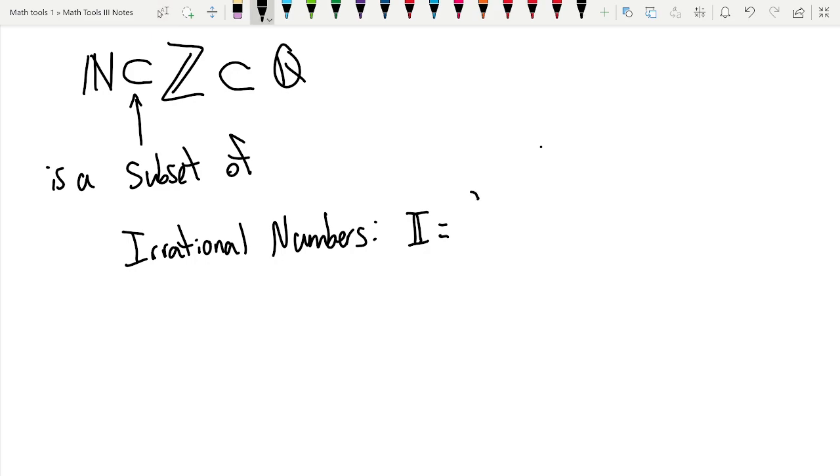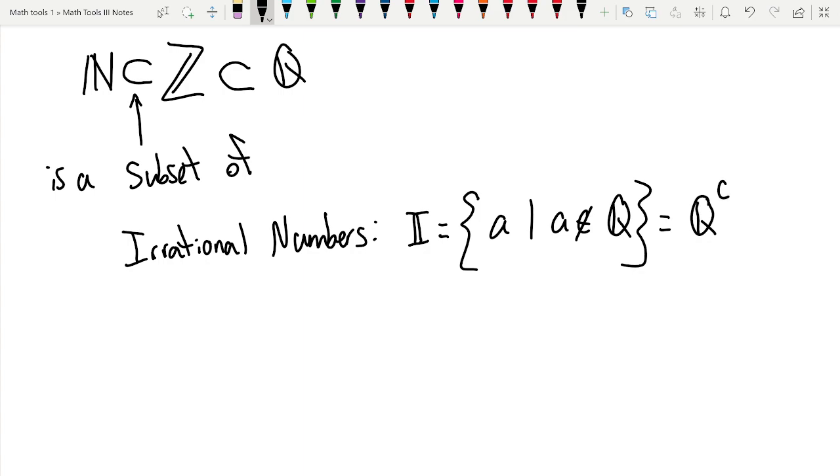It's typically just referred to as the numbers a such that a is not in the rational numbers. So it's basically just defined as the elements that are not inside the rational numbers, and this is how we write that. It's not in the rational numbers. Because of this, it's more commonly written like this, which we read as the complement of the rational numbers, which means all of the numbers outside of the rational numbers.